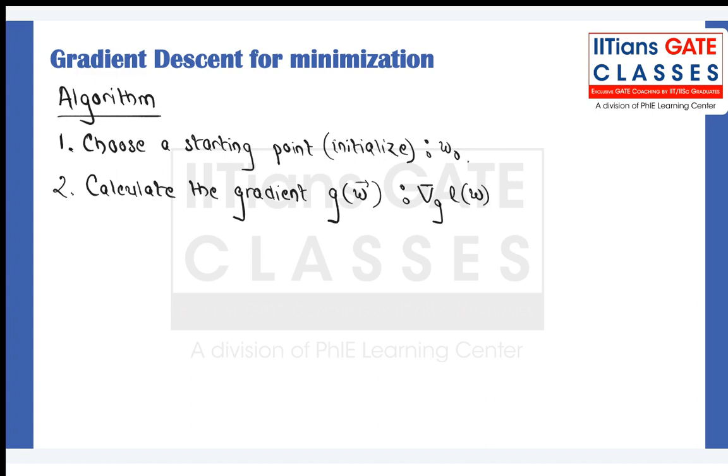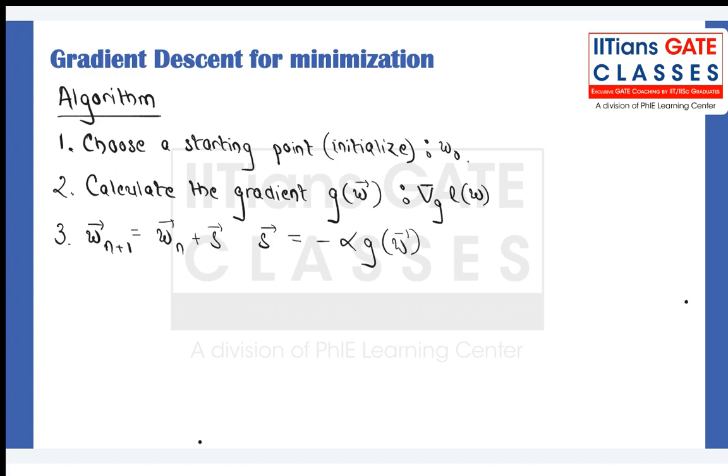And then step 3 will be to update your W as W plus S. So sorry, W of n plus 1 is W of n plus S, where S is minus alpha GW, where alpha denotes your learning rate, right?